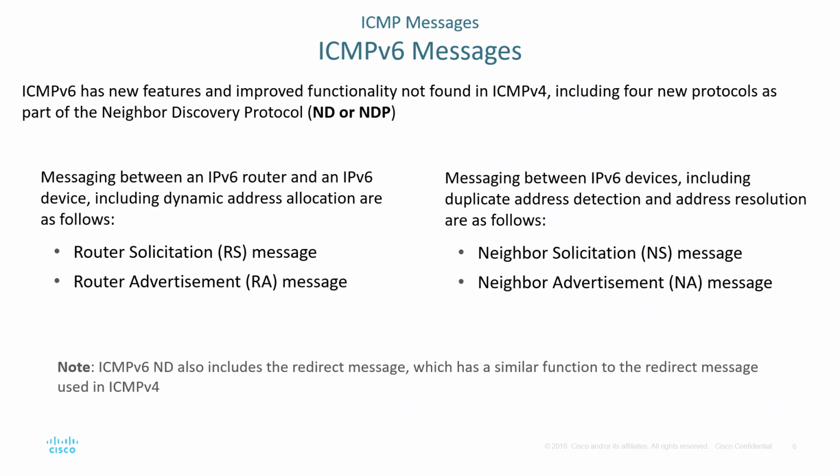So messaging between an IPv6 router and an IPv6 device, including dynamic address allocation, are as follows. Router solicitation means a device is asking a router for IPv6 configuration parameters. A router advertisement is the router actually answering the request.